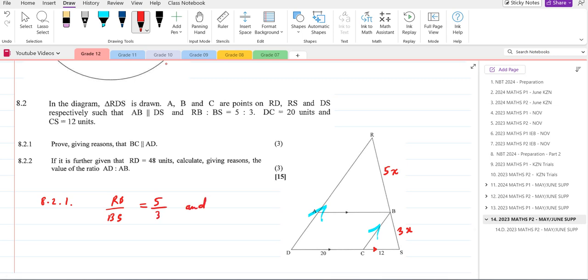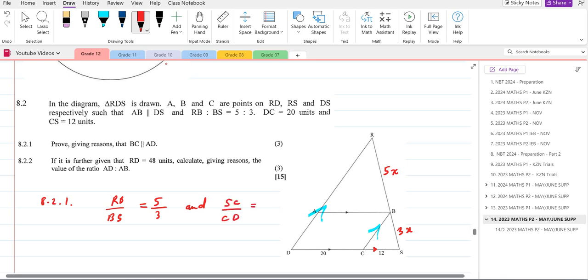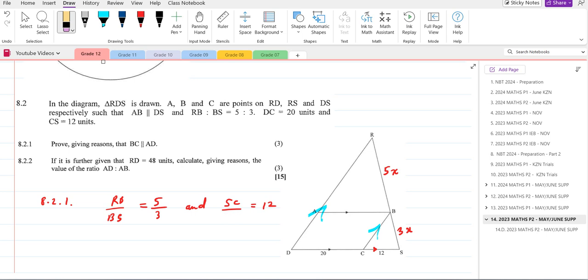And remember, we took RB over BS. Now we need to take SC over CD. We're kind of proving the converse of the prop theorem, right? So we're going to say SC over CD, which is 12 over... No, no, not SC over CD. It's the other way around. CD over SC, because I'm trying to choose these two lines.